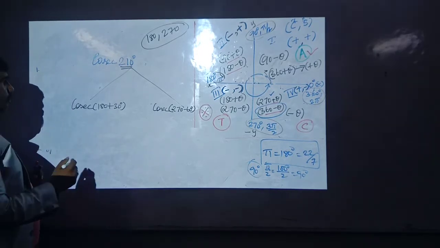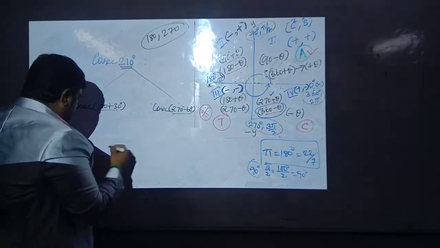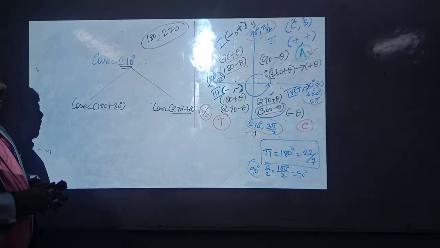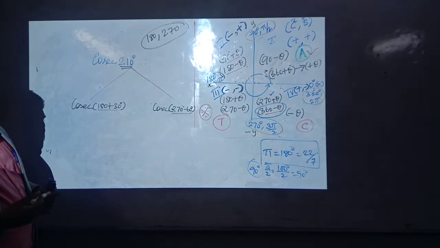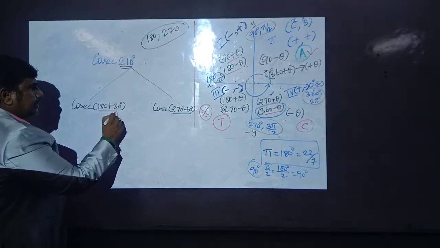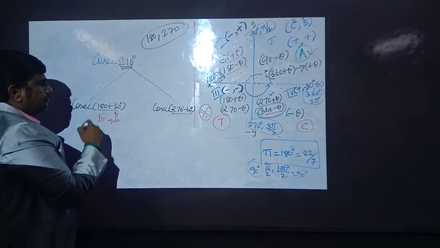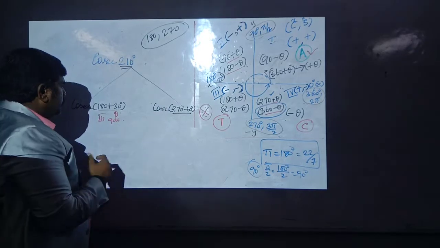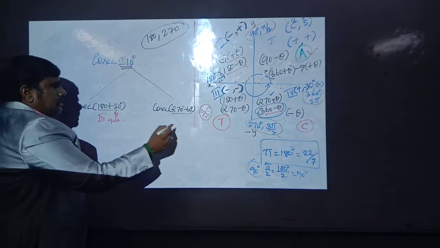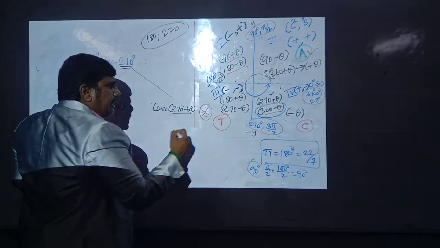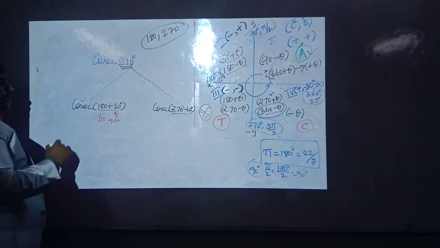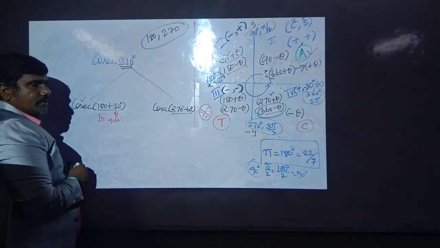Now you just see what our first step is. You just see which quadrant 180 plus theta lies in. This 180 plus theta lies in the third quadrant. Now in the third quadrant, tan and cot are positive. Here the cosecant is negative, right?